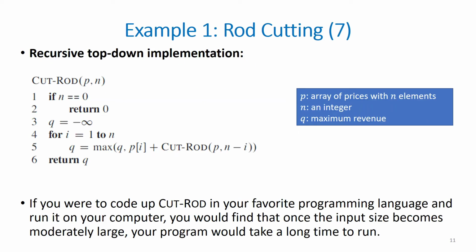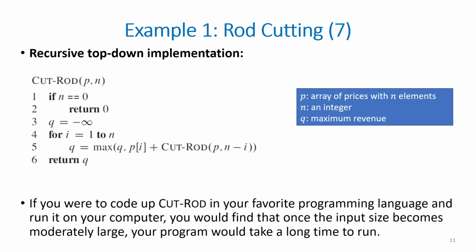Now let us look at the top-down implementation of the rod cutting problem using the improved recursive revenue equation we saw in the previous slide. The reason why it is called top-down is because we start calculating the revenue from the actual length, that is n, and break it down as we move on.